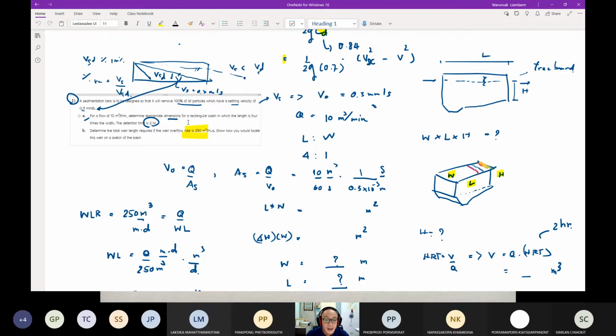There are two questions. For a flow of 10 cubic meters per minute, you have to find out the dimensions for the rectangular basin. The rectangular basin is something like this. The figure I just showed you is a 3D sketch. According to these questions, once you get the values, you should allocate them onto this sketch.